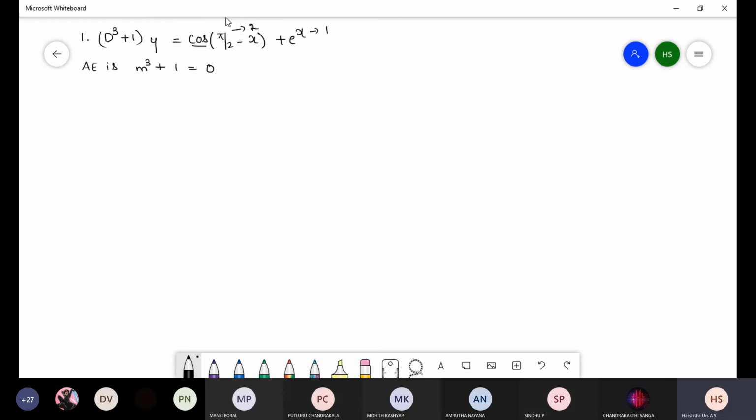Using the formula a cube plus b cube is equal to (a plus b) into (a square minus ab plus b square), we get (m plus 1) into (m square minus m plus 1) is equal to 0. So m is equal to minus 1. Again, in the quadratic, a value is 1, b value is minus 1, c value is 1.